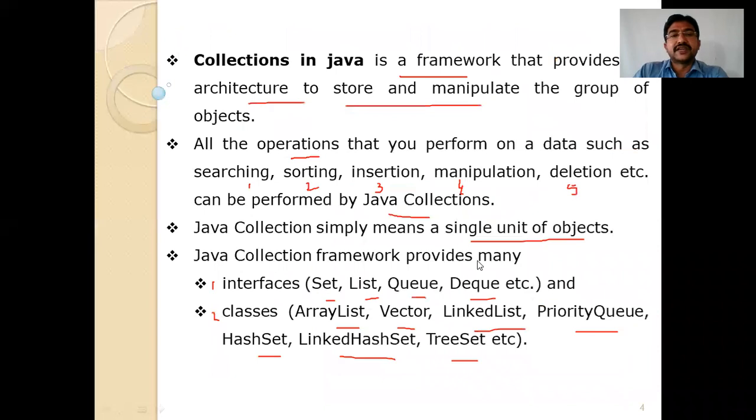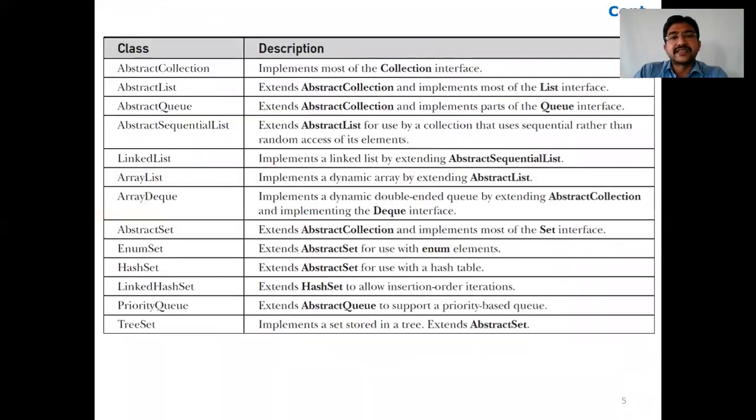So that's about the collection framework in Java. Let me discuss some of the classes available there: abstract collection, abstract list, abstract queue, abstract sequential list, linked list, array deque, abstract set, enum set, hash set, linked hash set, priority queue, tree set.